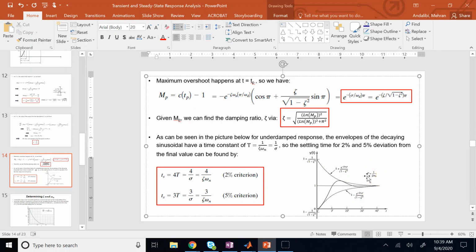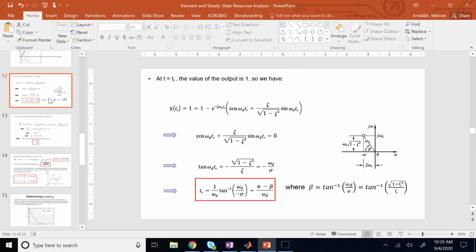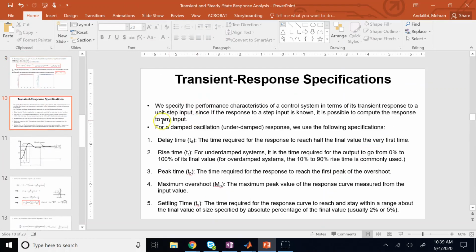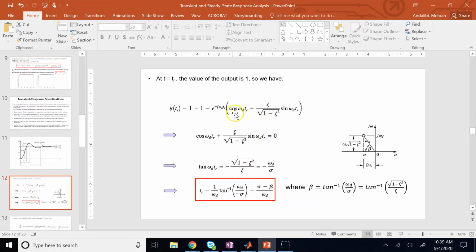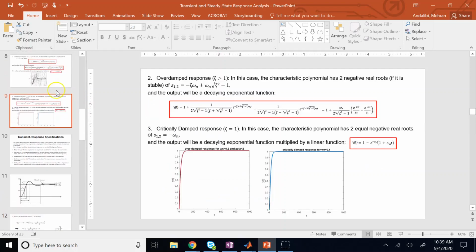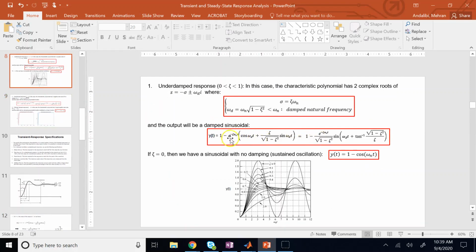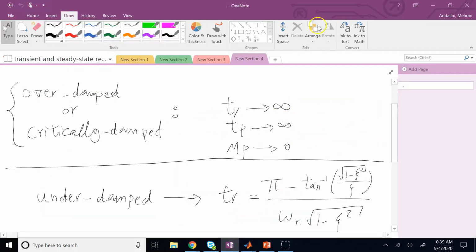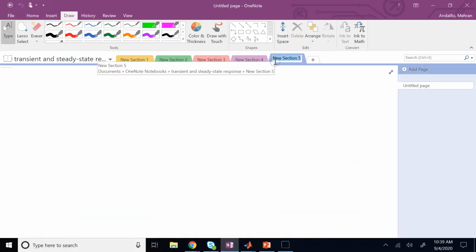How can I do that? Just so you might be curious. If you look at the response here, this is the harmonic part that is oscillating. The exponential part that is decaying and makes the amplitude decay is e to the negative zeta omega n t in general, correct?